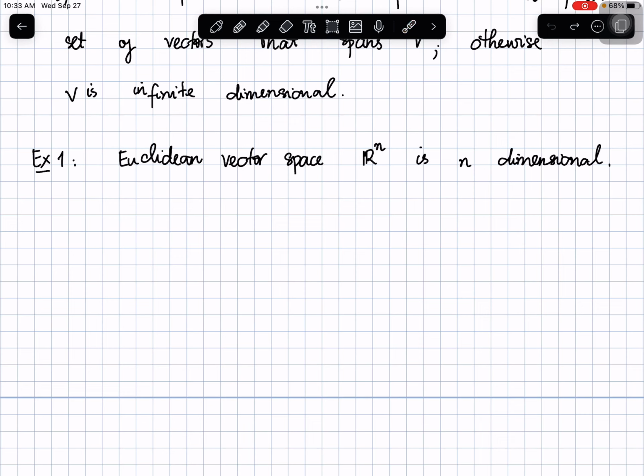So here's one basis. We show that E1, like the canonical basis, E1 to En, is a basis of Rn.